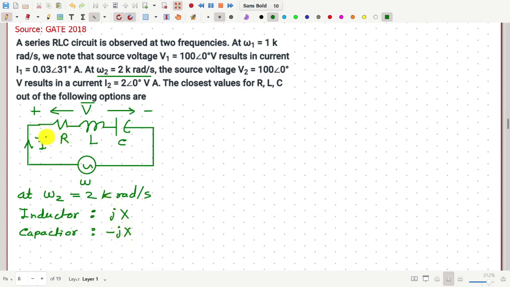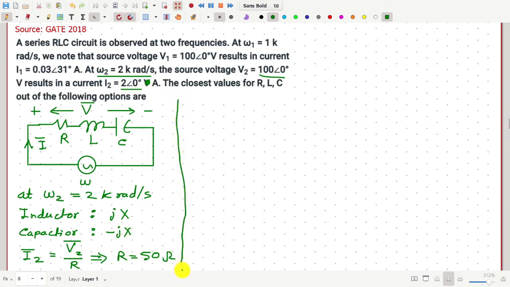Okay, then the current I bar equals voltage divided by the resistance. Now the values of this voltage and current are given. Voltage is 100 volt and current is 2 ampere. From that we get R equal to 100 by 2, 50 ohm.